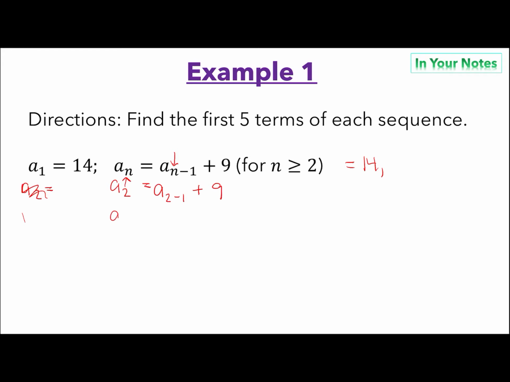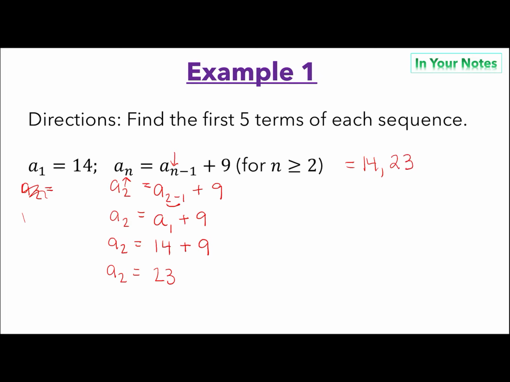Well, 2 minus 1 is 1, so a sub 1 plus 9. So a sub 2 is equal to a sub 1 plus 9. Well, I know a sub 1 is 14, so I can replace a sub 1 with 14 plus 9. So that means that a sub 2 is going to be 23 because 14 plus 9 is 23.